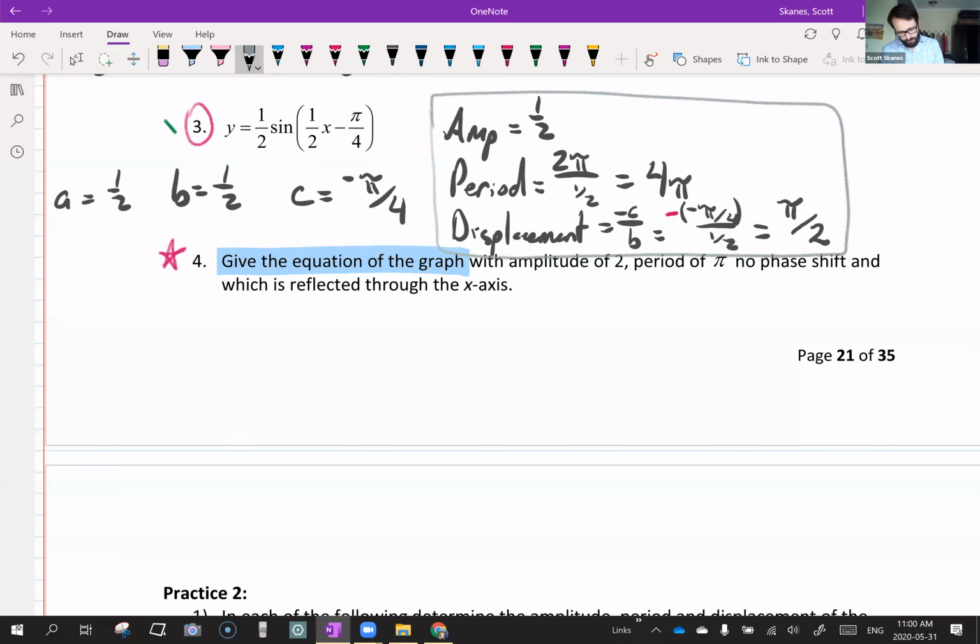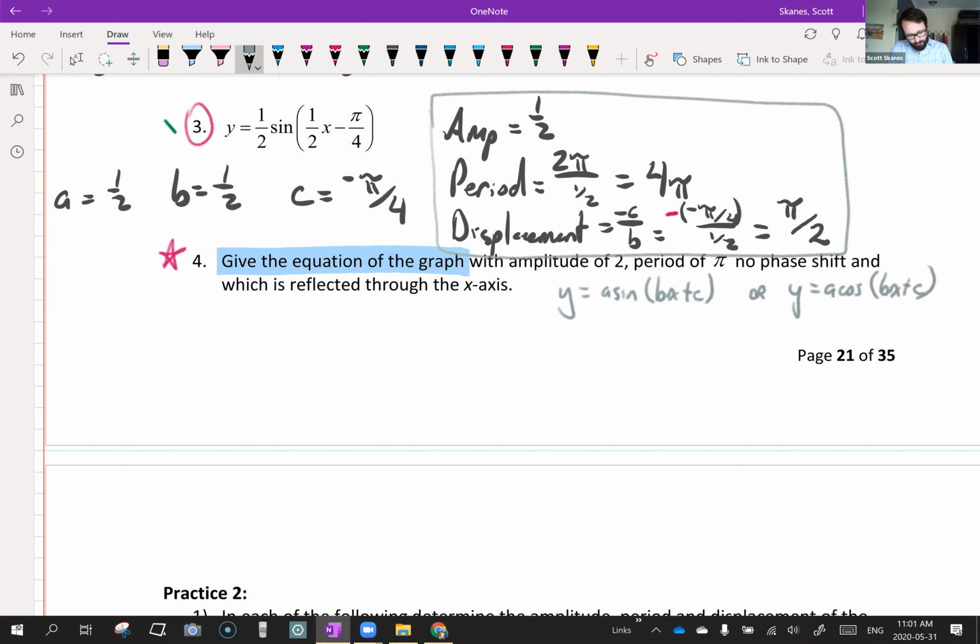That'll be in this form: sine bx plus c. Or, let's not forget about our cosine. It could also be cosine. That's equally fine. I actually prefer cosine. I think it's a nicer function. But same thing.